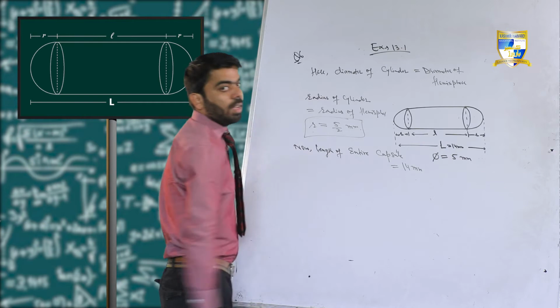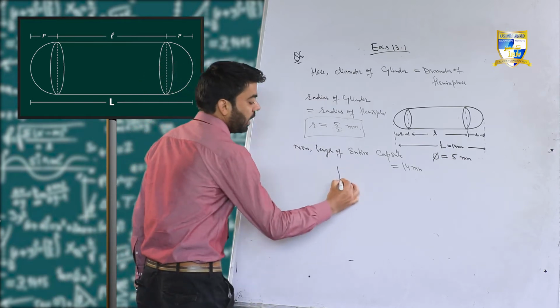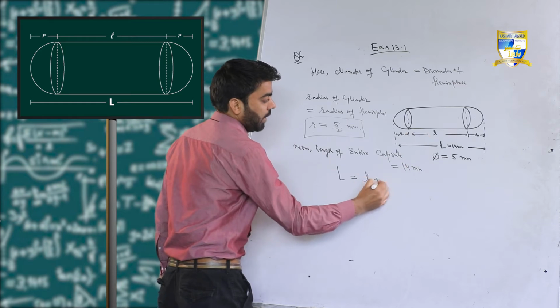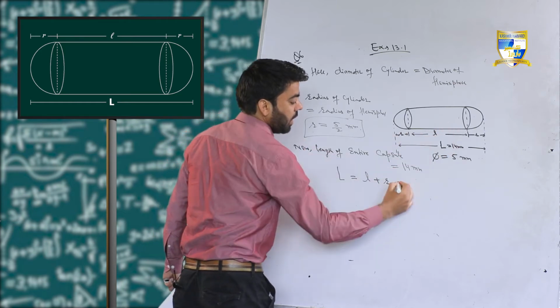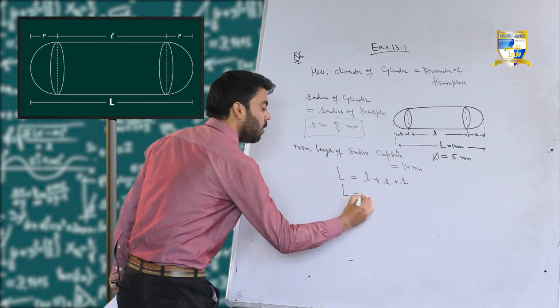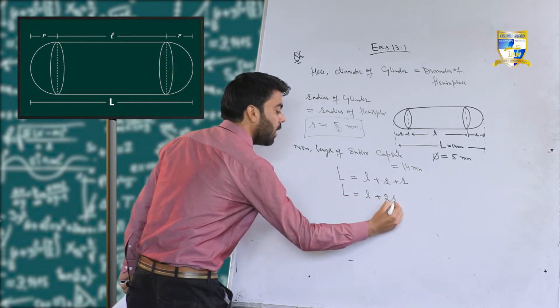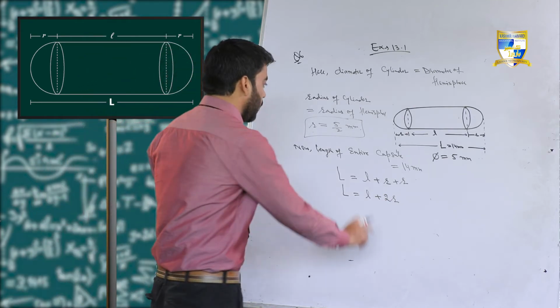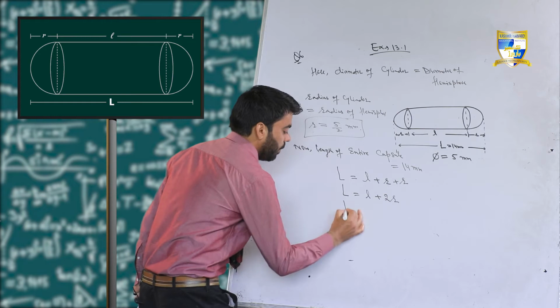That is denoted by the capital L. So we can write capital L is equal to small l plus r plus r. So it will become capital L is equal to small l plus 2r. Capital L is equal to 14 mm.